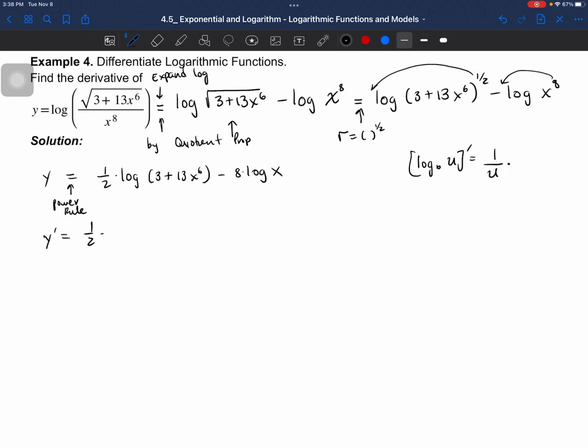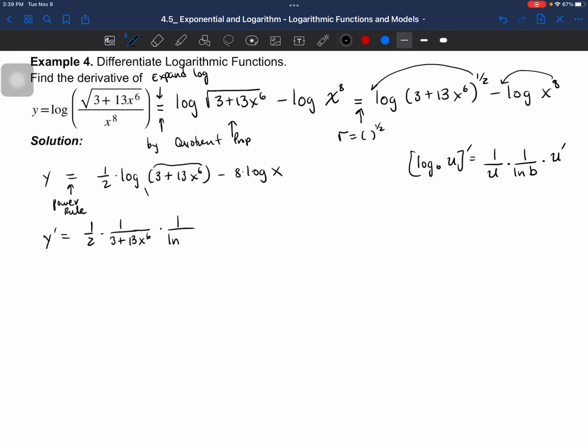According to the logarithm property, if you have a function inside, the derivative is going to be 1 over the inside function, multiplied by 1 over the natural log of your base, and at the end you multiply by the derivative of the inside.